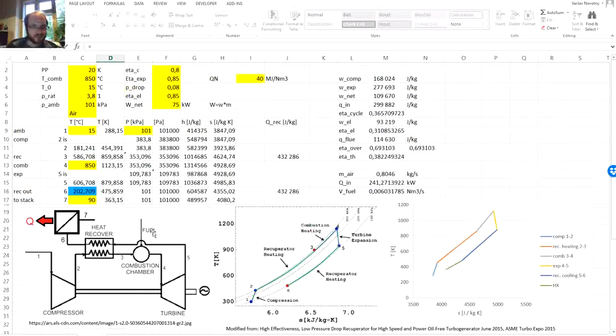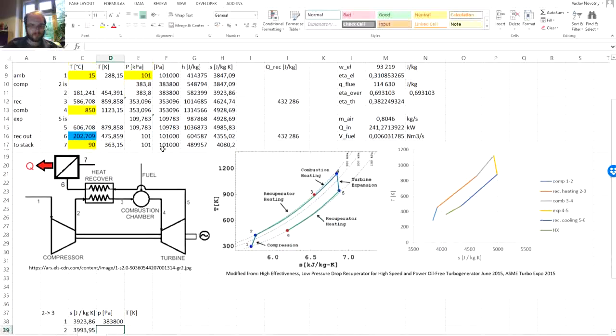Again, we have the pressure at the starting point, pressure at point 2, then the pressure at point 3.